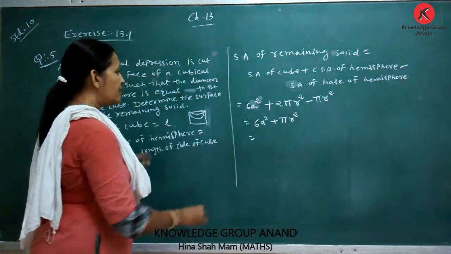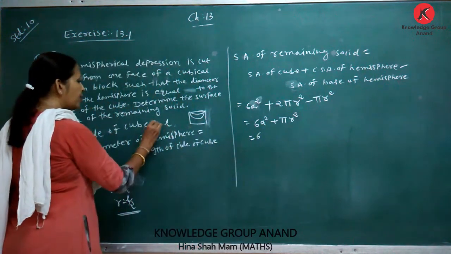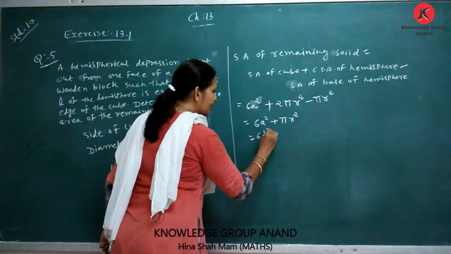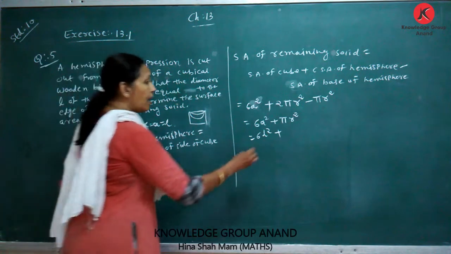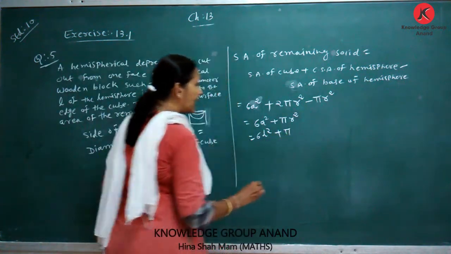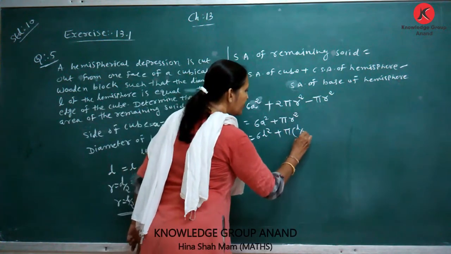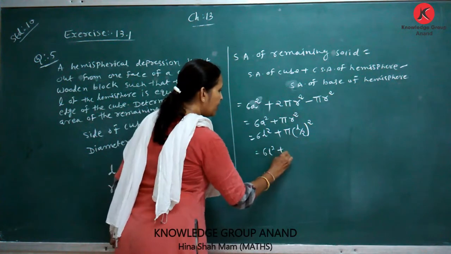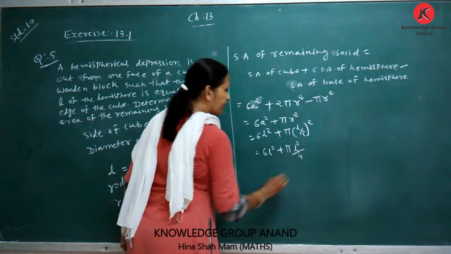Here side of cube A is equal to L. 6L square plus pi, R is equal to L by 2 whole square, is equal to 6L square plus pi L square by 4.